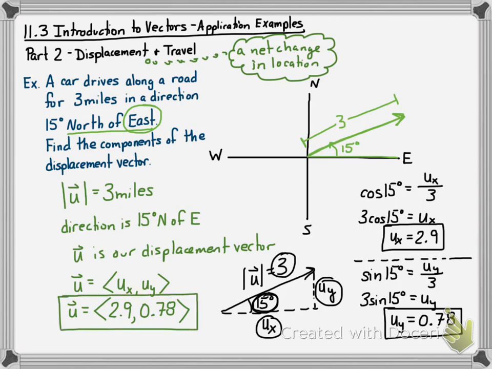Now, in terms of interpreting what that means, let me go back up to our diagram with the cardinal directions and the person driving their car. The person drove 3 miles at an angle of 15 degrees north of east, and they ended up at this particular location.